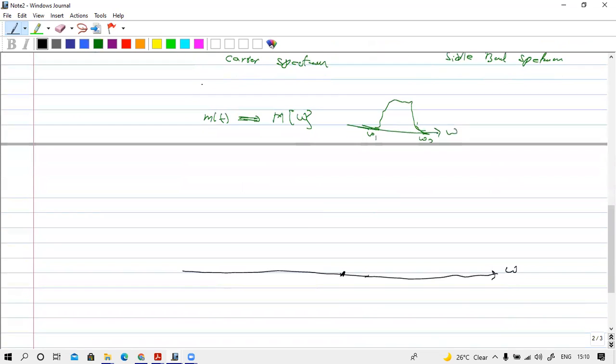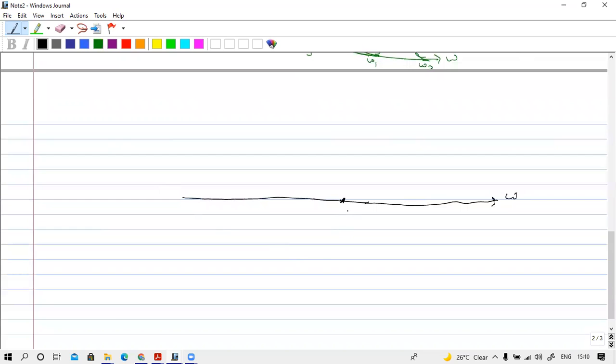If this is the zero value, here we have minus omega c, here we have plus omega c, and we have two impulses. This is phi, this is phi. This phi is the area of this impulse.